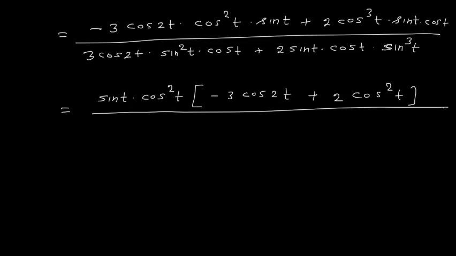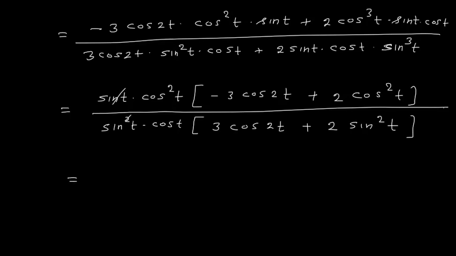We can take sin square t and cos t common, so sin square t into cos t in the denominator. Now in the numerator, 3 times cos 2t, we have taken sin square t cos t common, plus 2 times sin square gone, cos gone, so here we have 2 times sin square t. Now one sin I can cancel, one cos I will cancel, so cos upon sin is cot t.